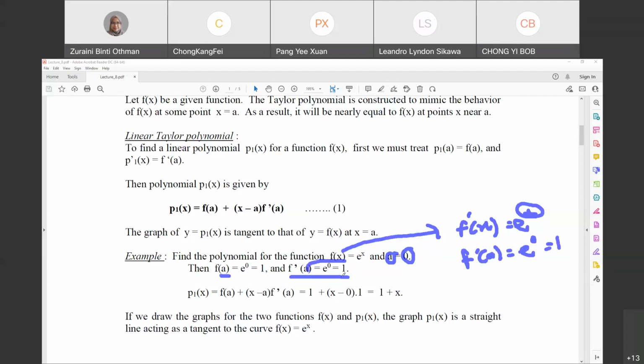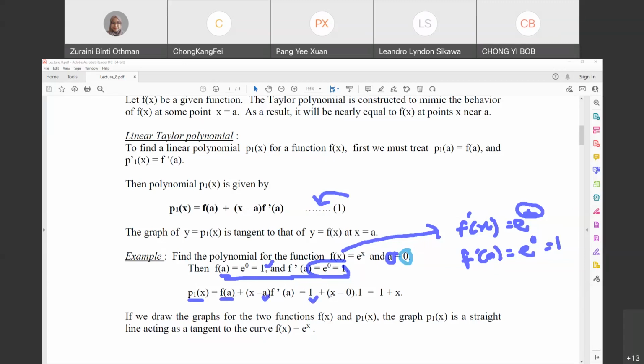Okay, yang ni lah. Then we put this information inside this equation 1. Okay, maksudnya kita nak jadikan dia linear Taylor polynomial. Dia jadi P1 equal to f(a) plus (x minus a) f prime(a), di mana f(a) kita 1. Just gantikan je. And our a here is 0, right?